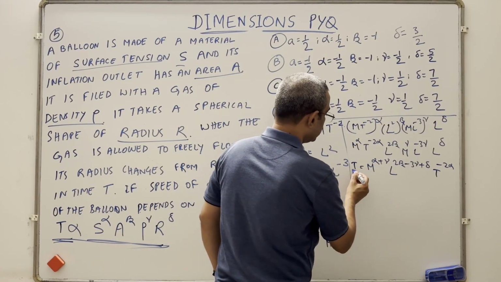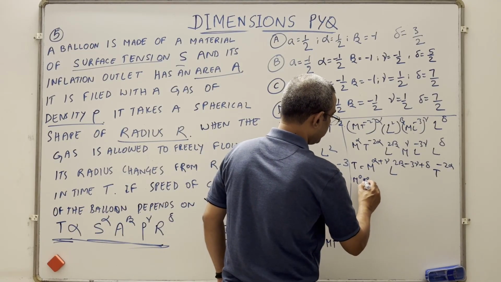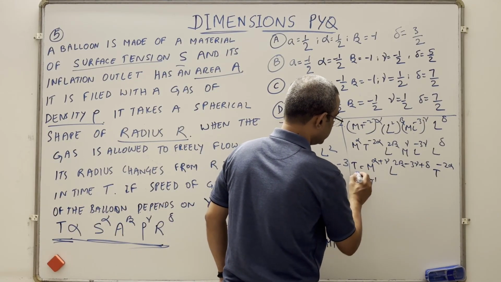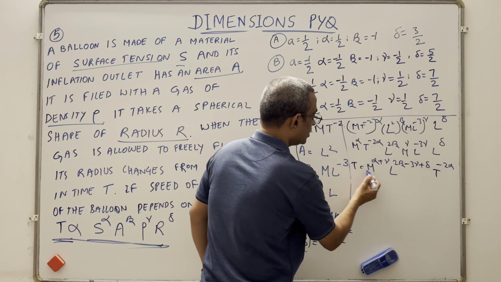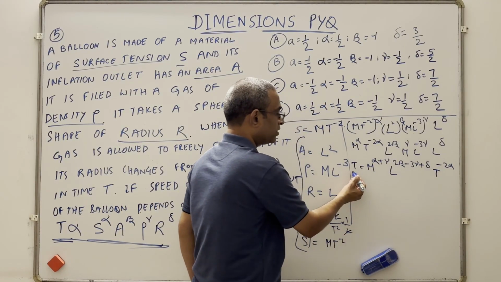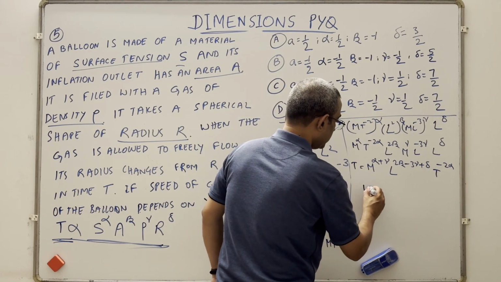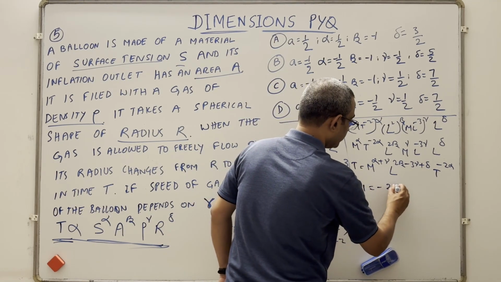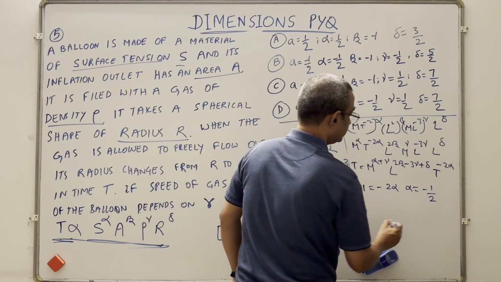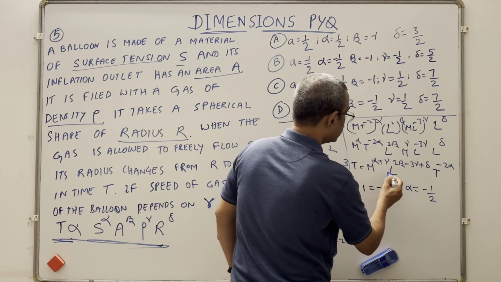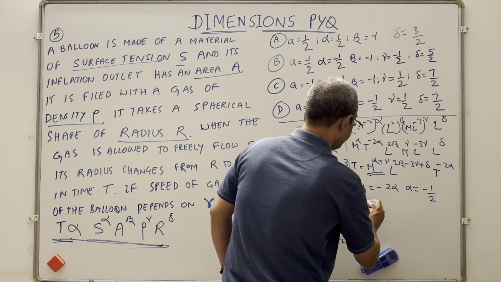So what does this mean? There is no M, there is no L. So we have M power 0, L power 0 and T power 1. So let us equate that. So 1 is equal to minus 2 alpha, or alpha is equal to minus half. And let us take this one, alpha plus gamma.